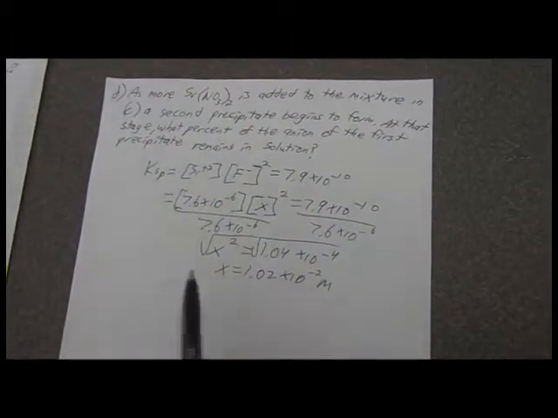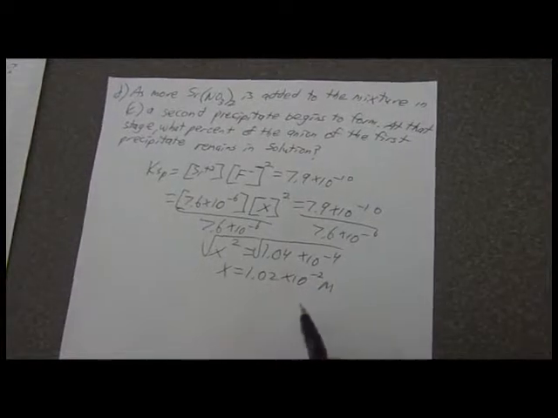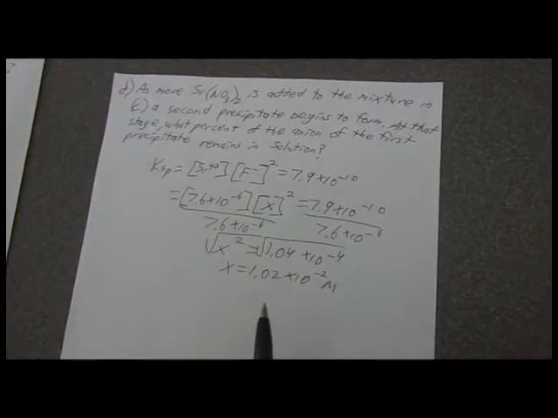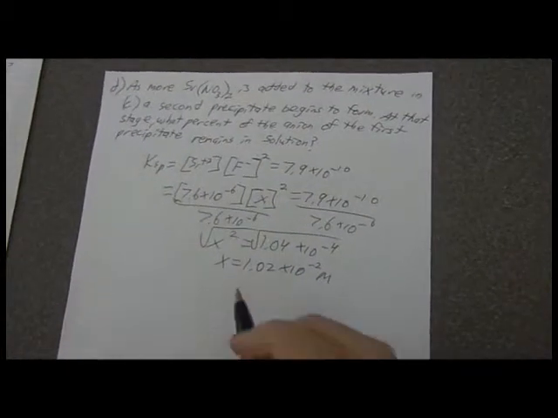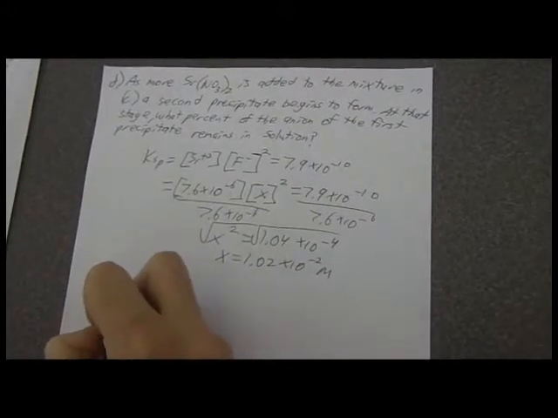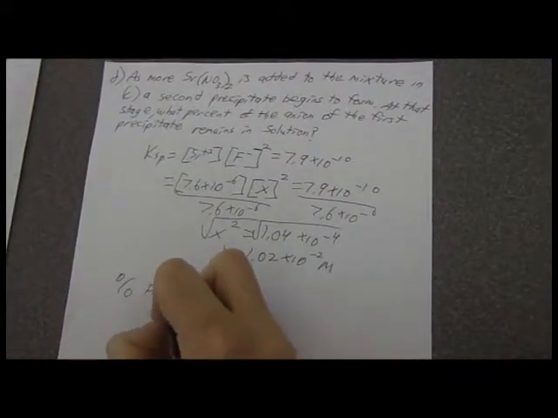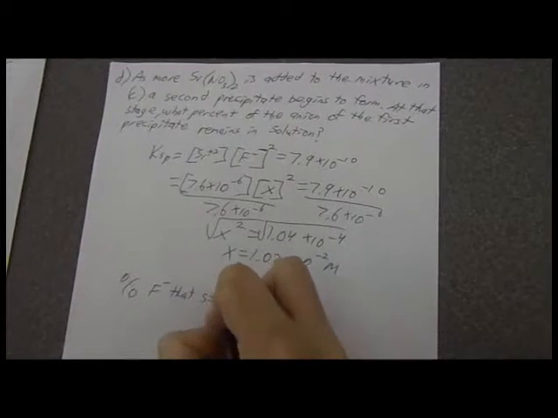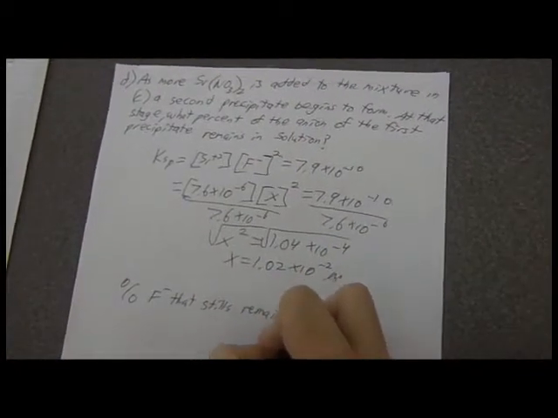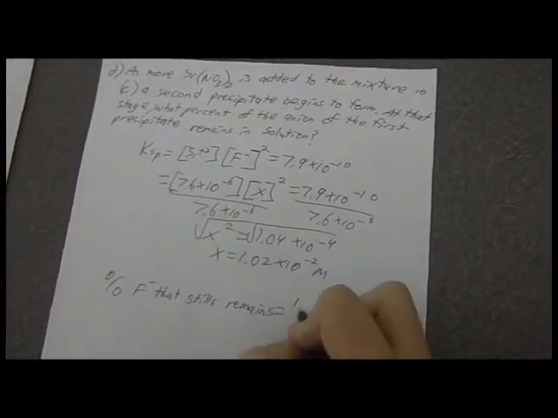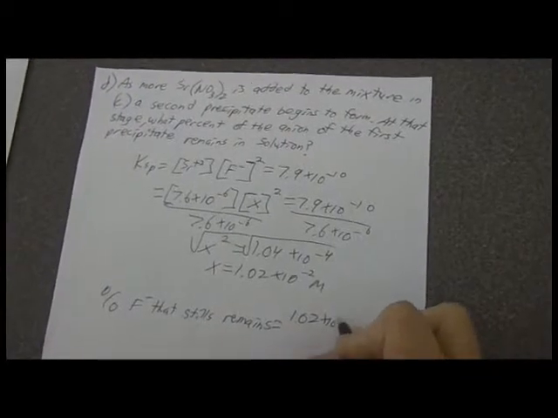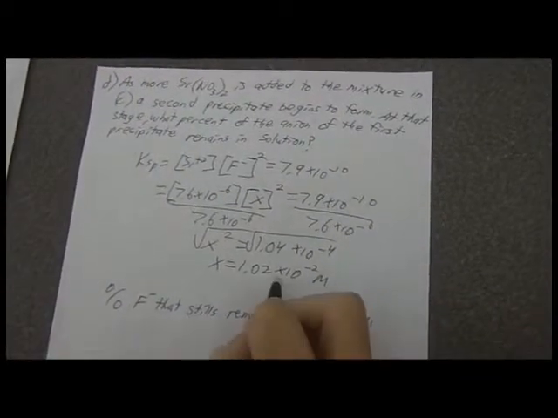So at this stage, the percent of the anion, which is F-, of the first precipitate that remains in the solution will be equal to 1.02 times 10 to the negative 2 molar, which we get from here.